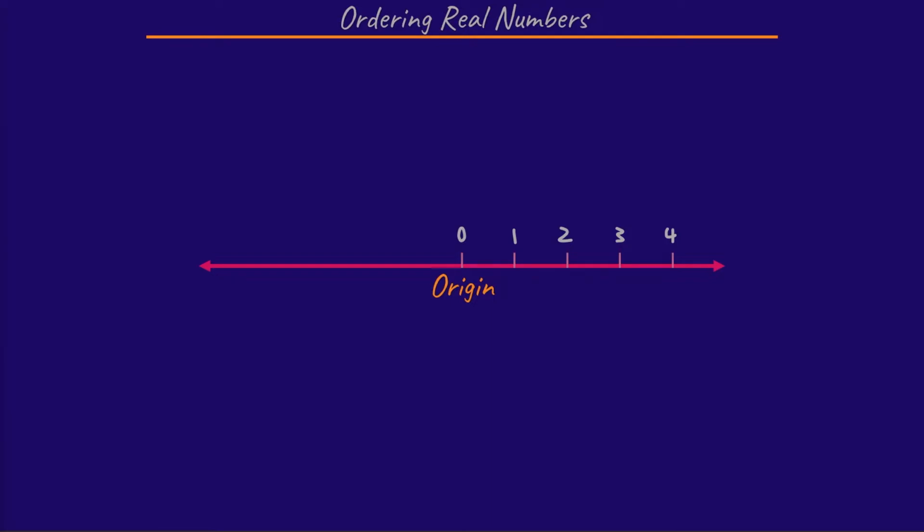They lie to the right of 0. To the left of 0, we are going to have the negative numbers like -1, -2, -3, and -4, which we can call negative numbers. The arrows indicate that each end goes infinitely far.